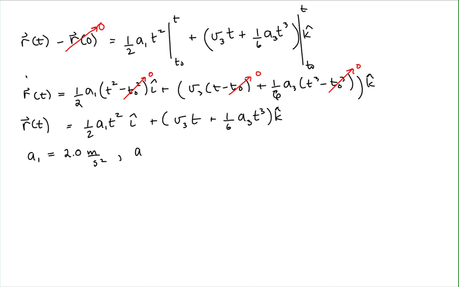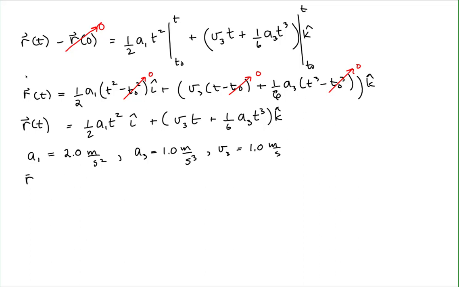Remember, a3 was the coefficient in front of the z component of our acceleration function, and a3 was given as 1.0 meters per second cubed. And v3 was our z component of velocity at time t equals 0, and that was given as 1.0 meters per second.